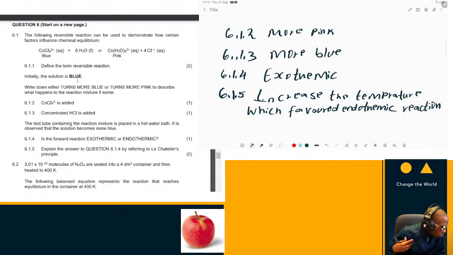Favored endothermic reaction. Then the equilibrium will shift to the left.